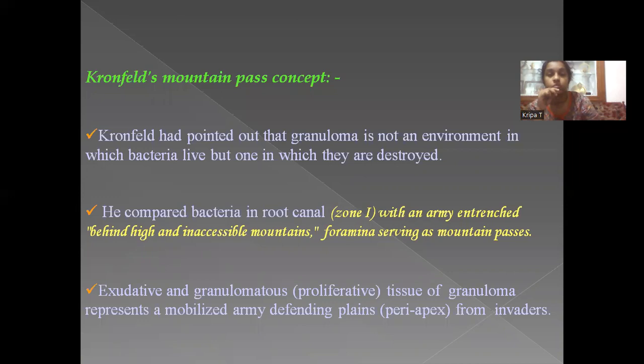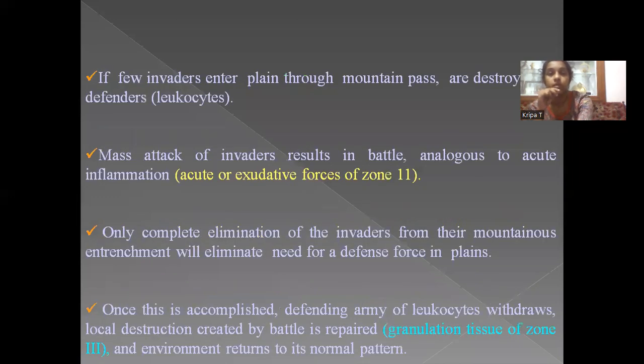Another concept was put forward by Grossman, which is the mountain pass concept. He pointed out that a granuloma is not an environment in which bacteria live, but the one in which they get destroyed. A few invaders entering the plain through the mountain pass are destroyed, a mass attack of invaders results in a battle in the second zone, and then there is a complete elimination.